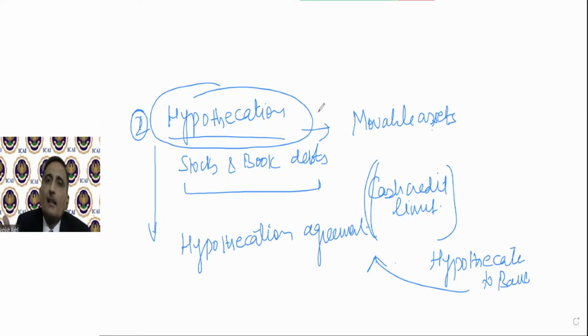Simple, there is an agreement with the appropriate stamp duty, signed by the authorized signatories of the company. For taking cash credit limits, overdraft limits, loans repayable on demand, a hypothecation agreement is entered into. So hypothecation is also a form of creation of securities.